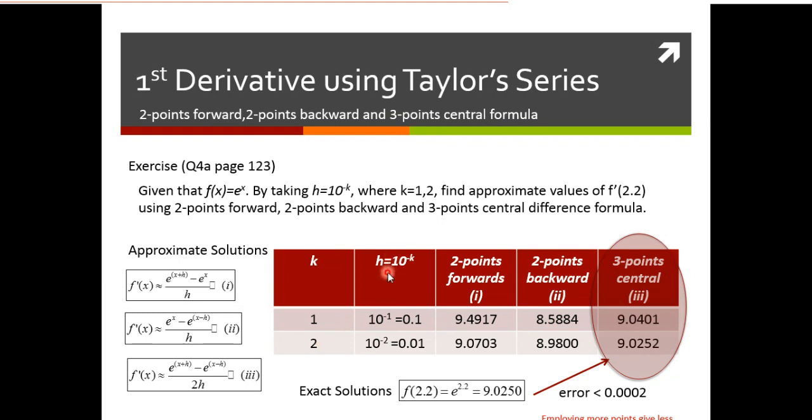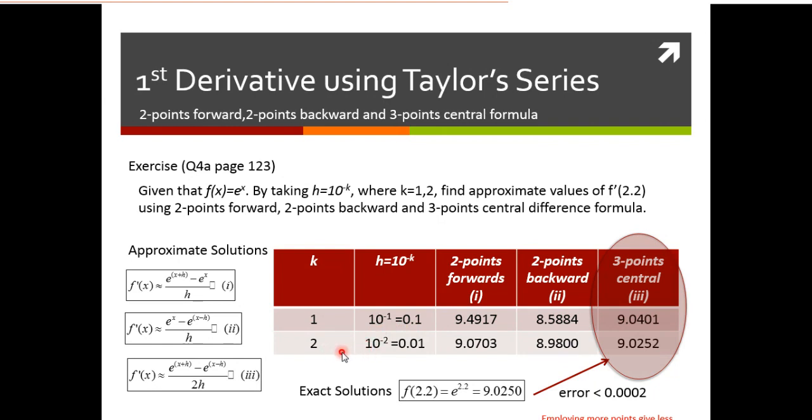The step size was represented by the equation 10 to the power of negative k. So you have to substitute the value to show what the integral's value is. For when k equal to 1, the value of h is equal to 10 to the power of negative 1, which equals 0.1.